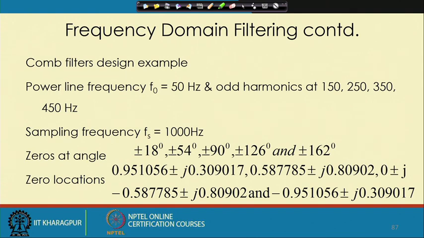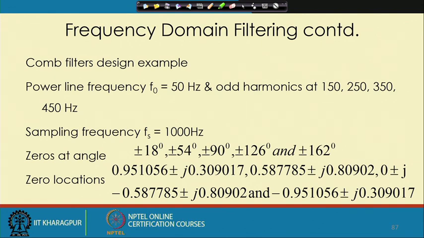Next, we look at the comb filter. The primary reason for the comb filter is that the power frequency that we get is not actually a single tone or monotone signal. Usually there are some harmonics there, and these harmonics are created because the transformers are operating in the saturation region. Because of them some odd harmonics are injected in the power line signal.